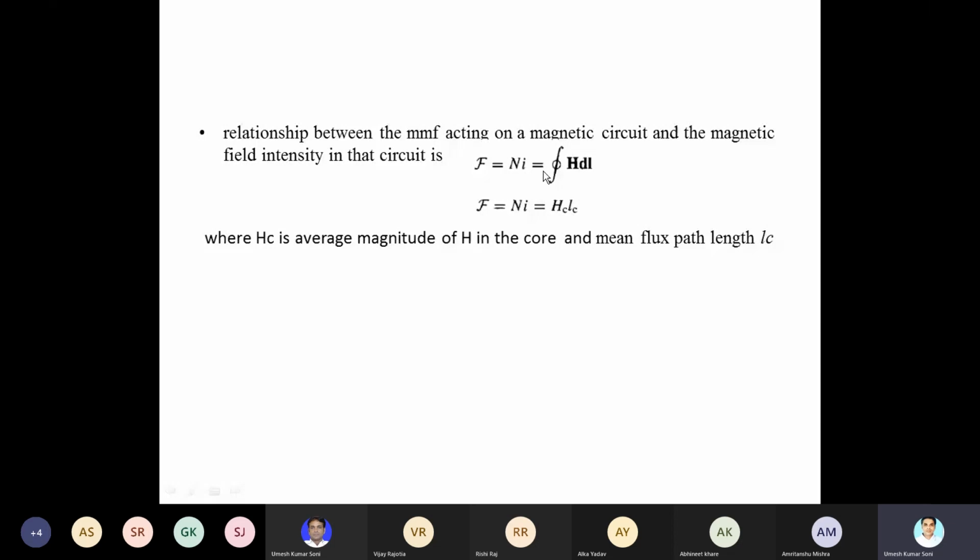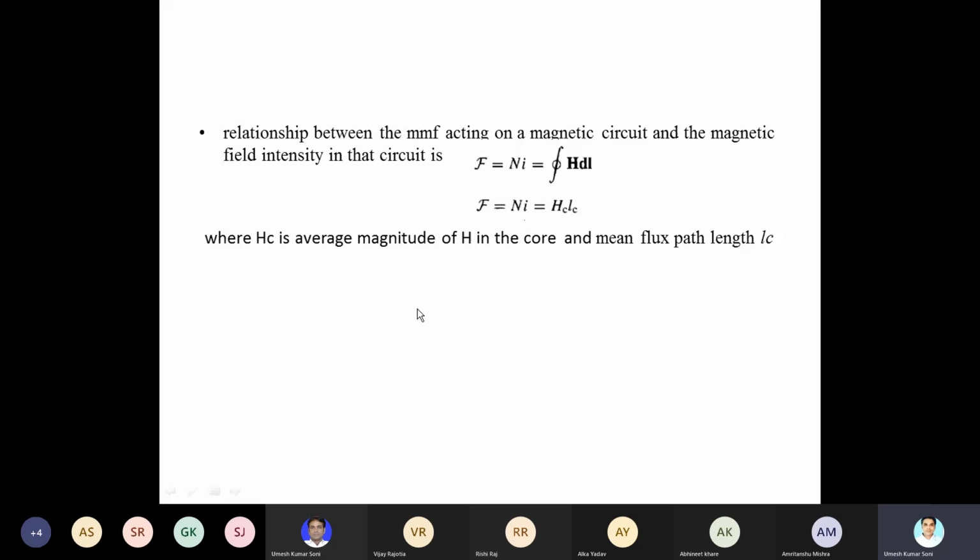That is, the MMF is also given by the closed line integral of the magnetic field. Whatever magnetic field is set up is related to the current in the coil, and if the number of turns is higher, then the MMF will be higher.